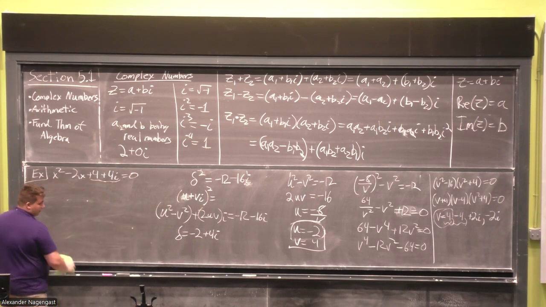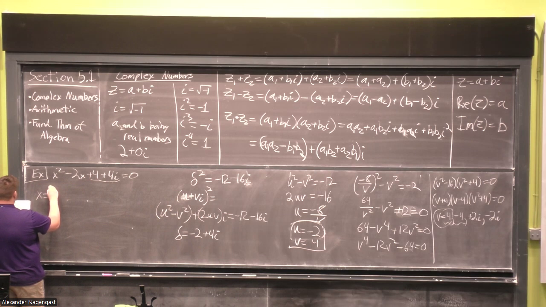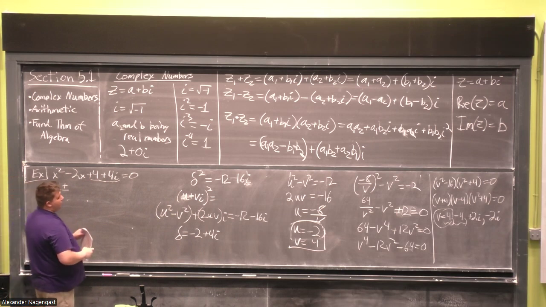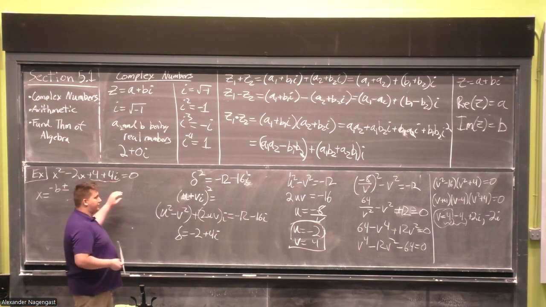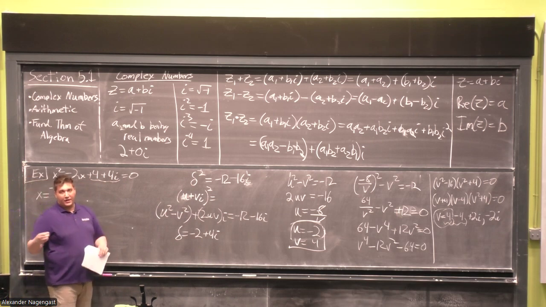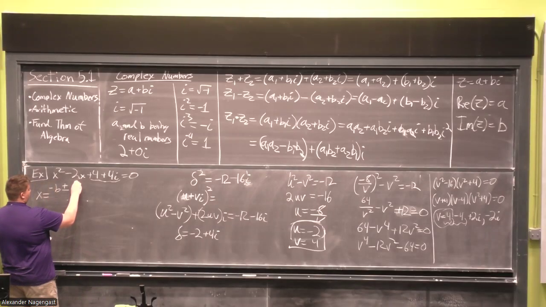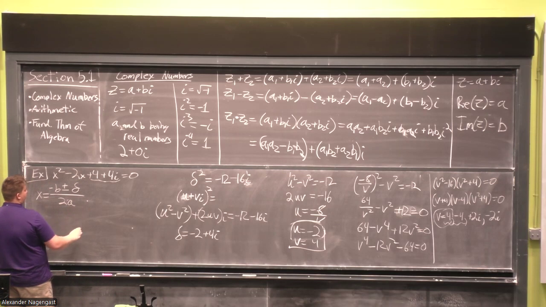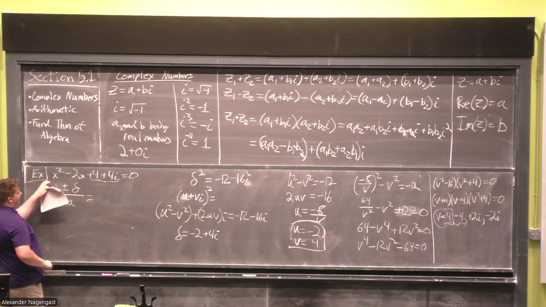We'll still use the quadratic formula in the sense that we have x is equal to negative b plus or minus, and we found delta, which is essentially the whole square root of b squared minus 4ac. So we're going to just put delta here all over 2a. Well, what's our b? Our b is 2, our a is 1.